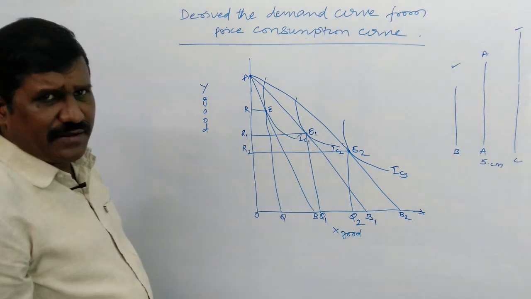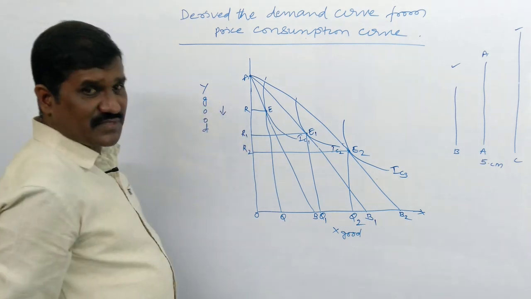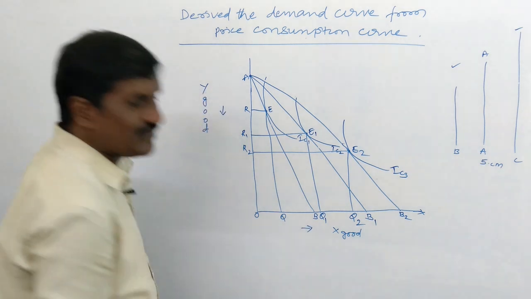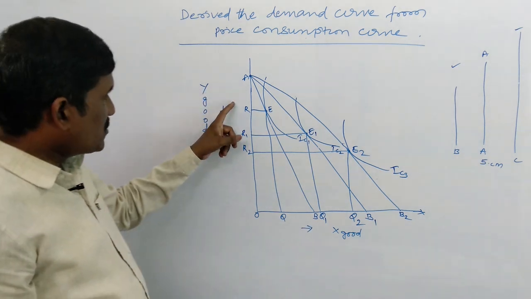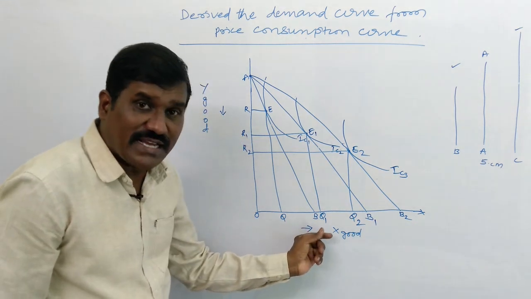What is happening here? The Y commodity decreases, then the X commodity increases. He wants to reduce the Y commodity and increase the X commodity.